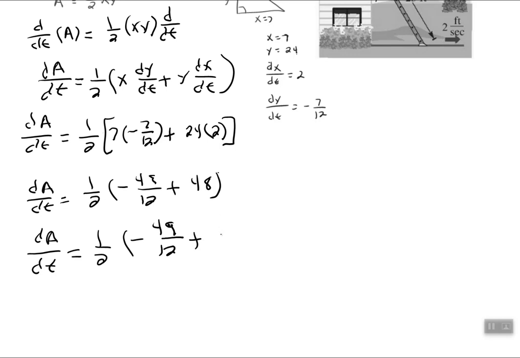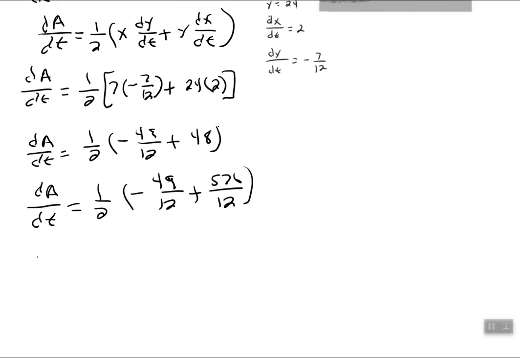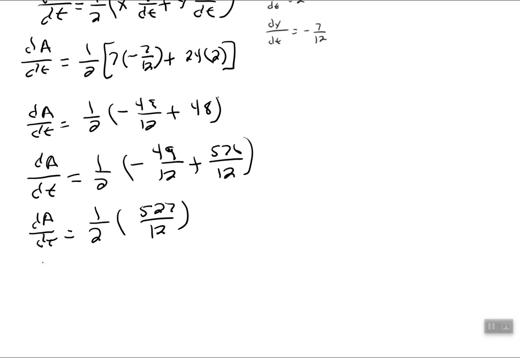So the 48 will become 576/12. Then let's combine that to 527/12. And then let's multiply by 1/2, so 527 over 24.